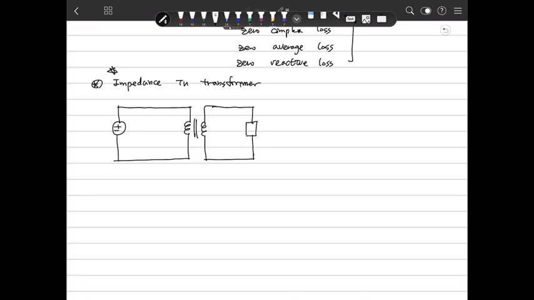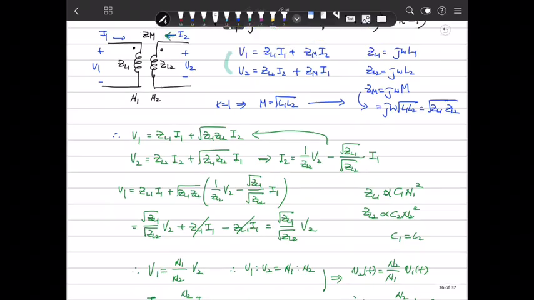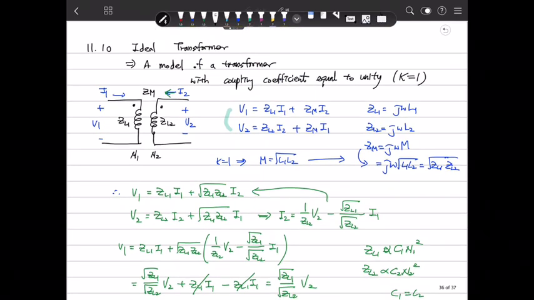Before the ideal transformer, when you describe the coupled inductor, we need to define the self-inductance, mutual inductance, and the positions.